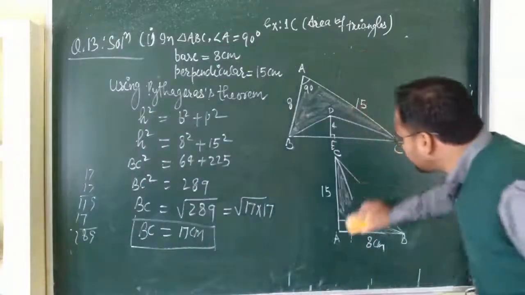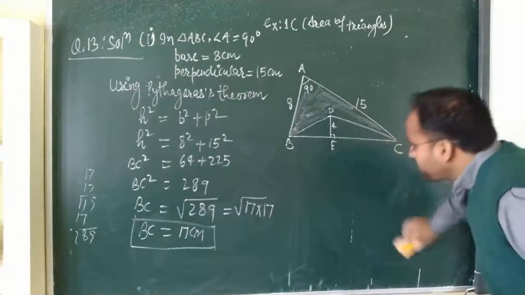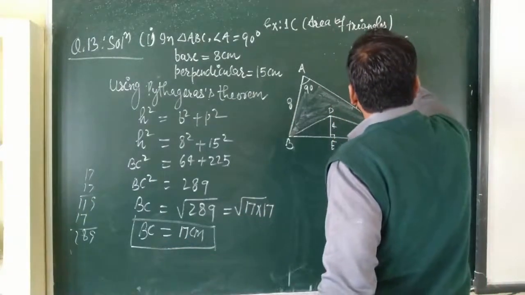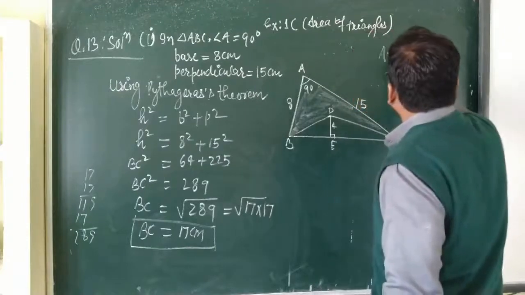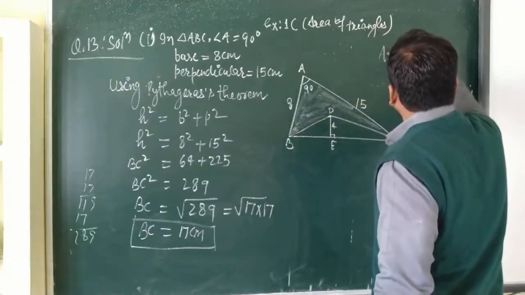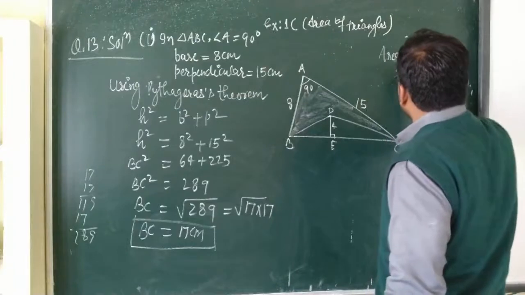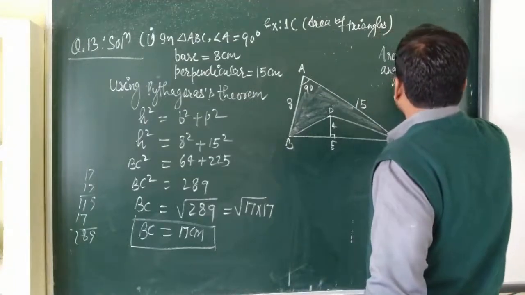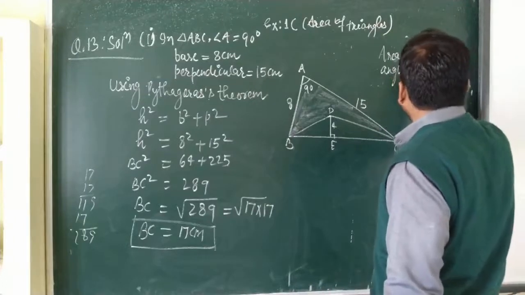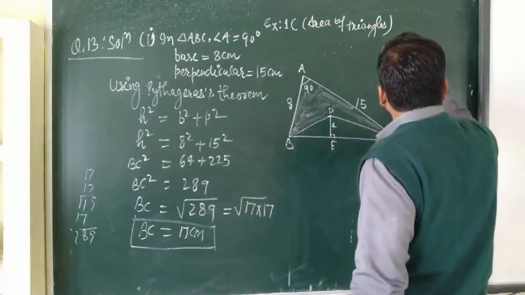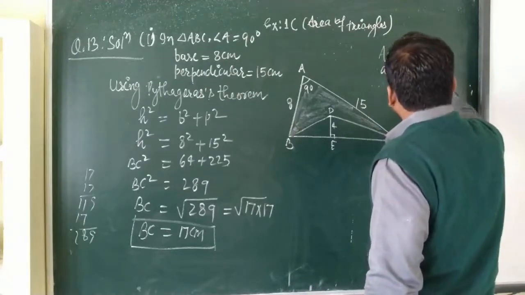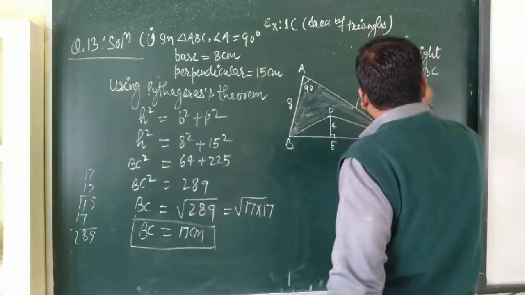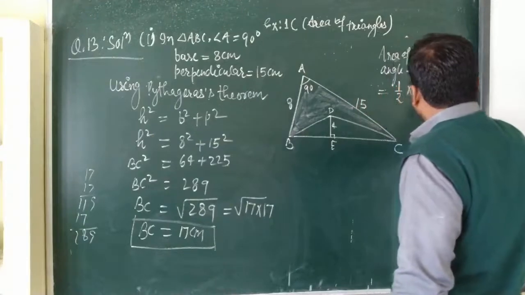Okay, I am going to erase this one. Area of right angle triangle ABC is equal to 1/2 base multiplied by perpendicular.